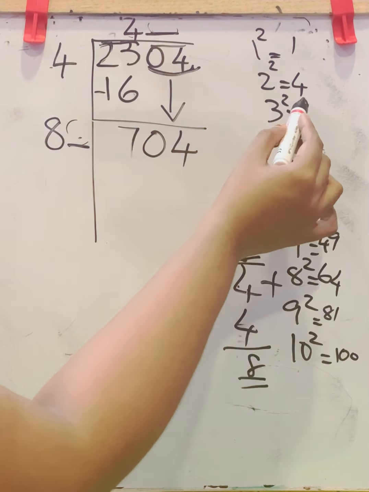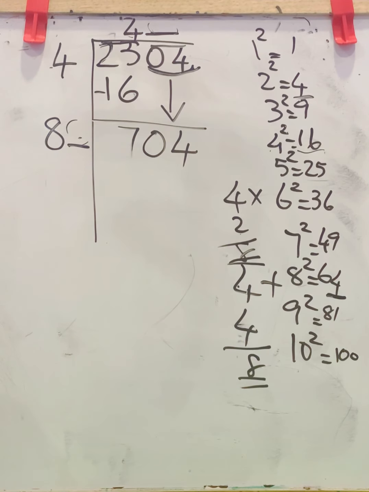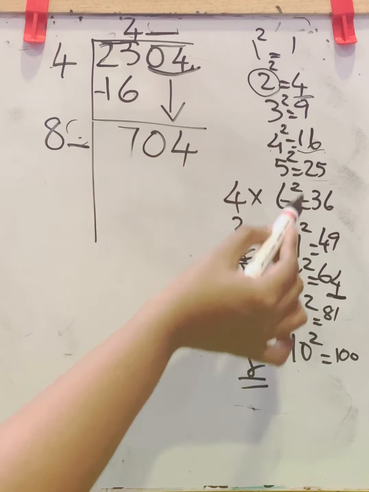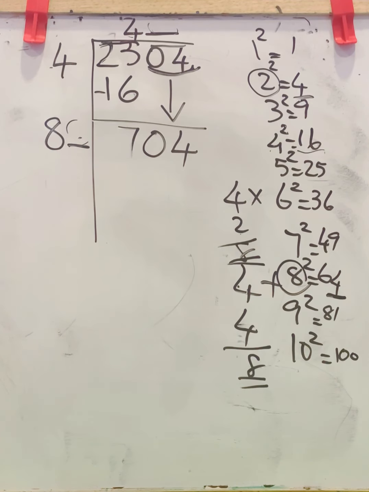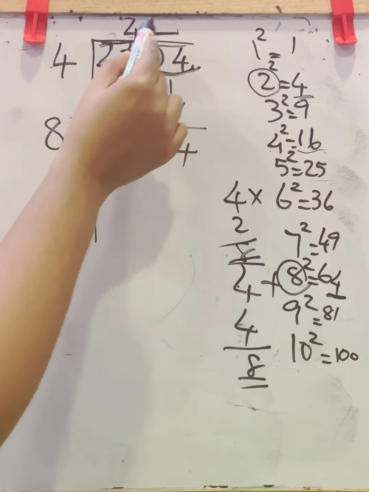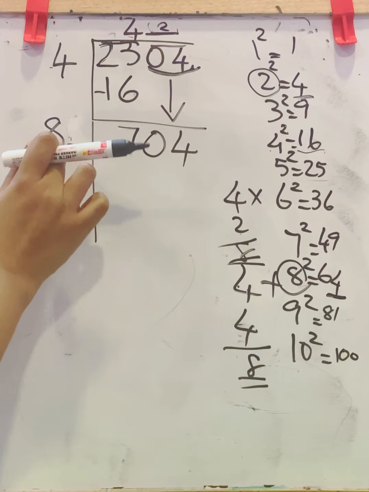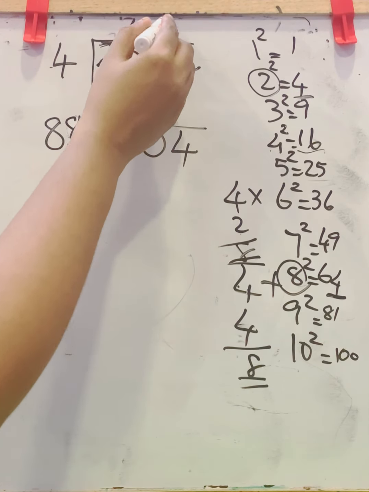We can see this is ending with 4 and also this is ending with 4. So the square root of that numbers will either be 2 or 8. So you have to put here either 2 or 8.